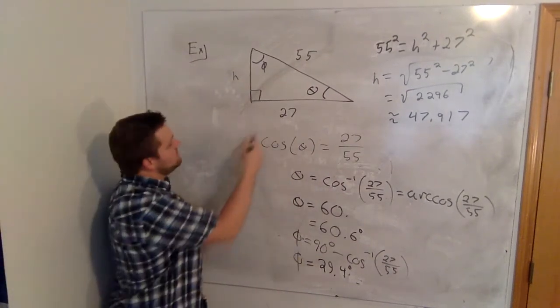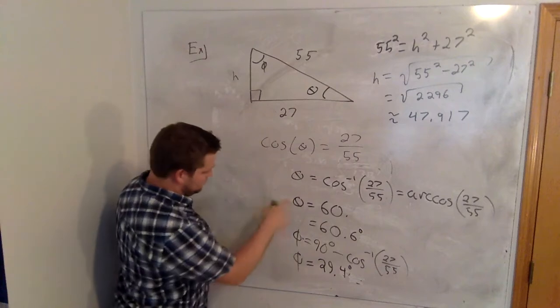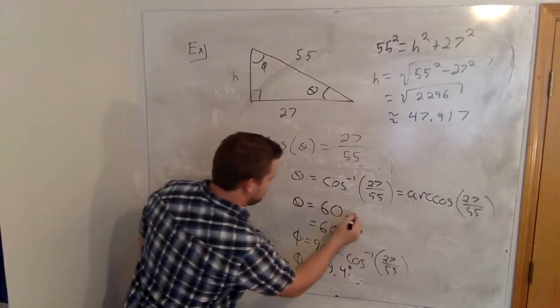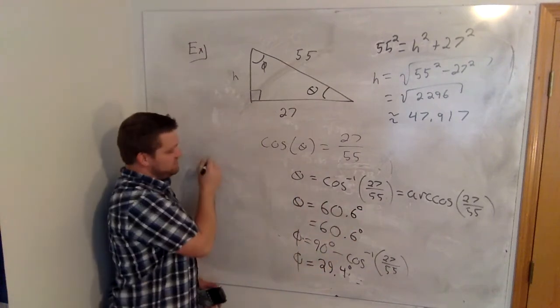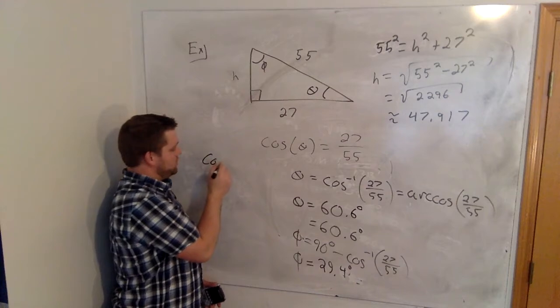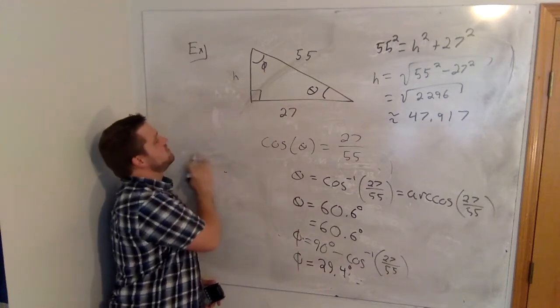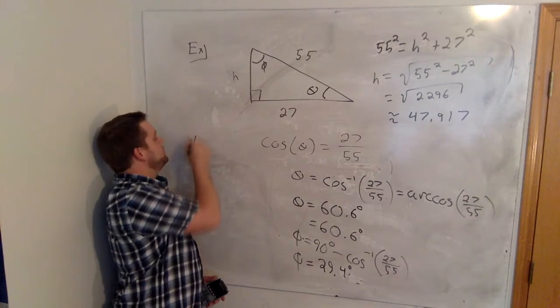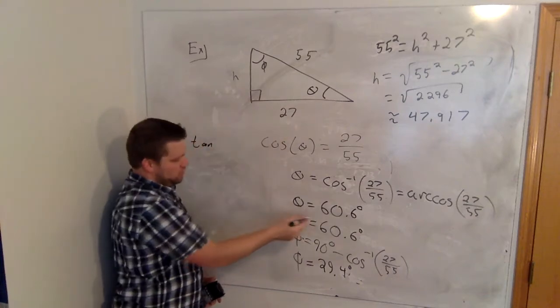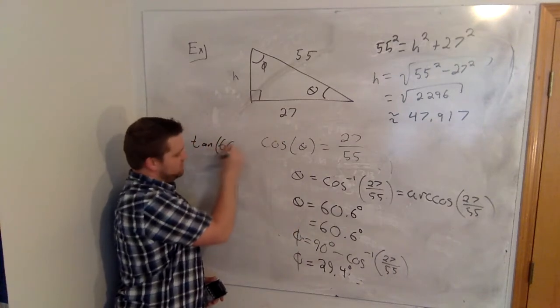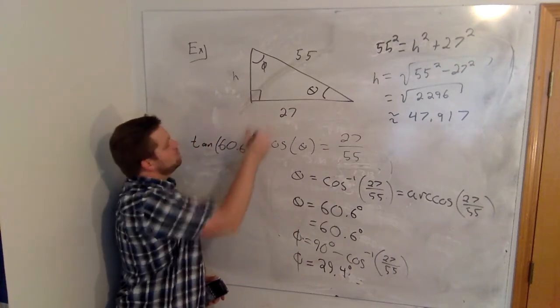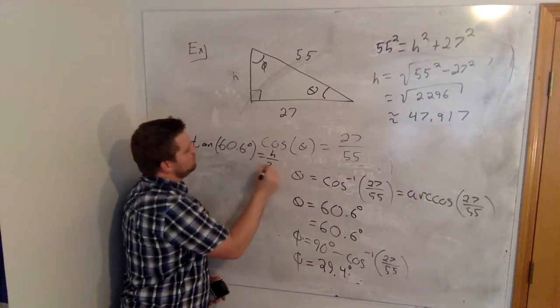But for fun, since we know what these angles are, what was this, roughly 60.6 degrees? Let's do the tangent. The tangent of this angle, roughly 60.6 degrees, is equal to h over 27.